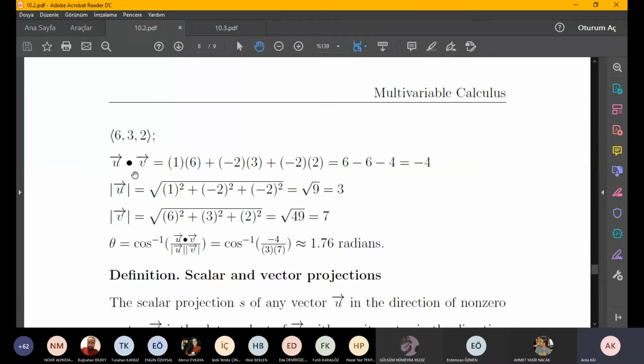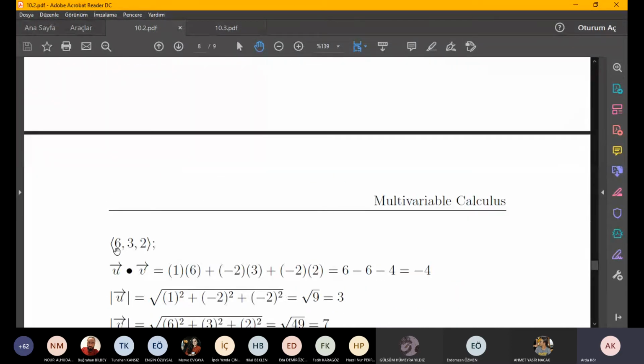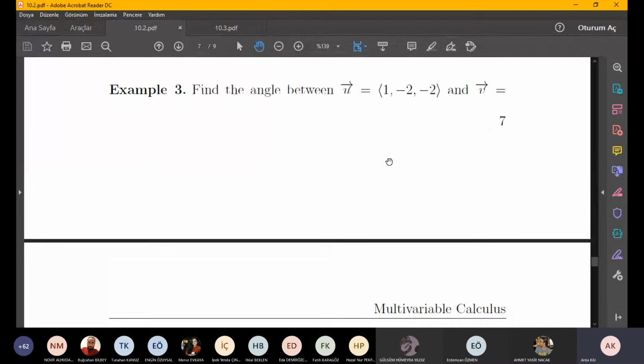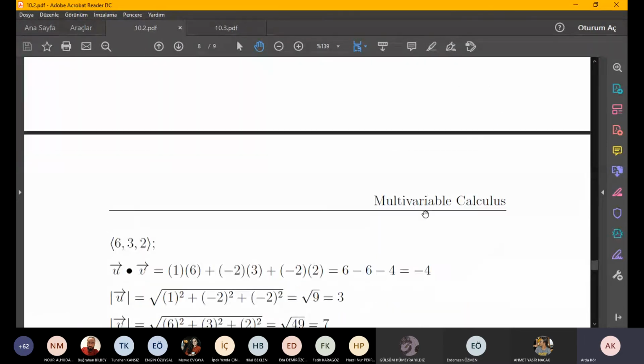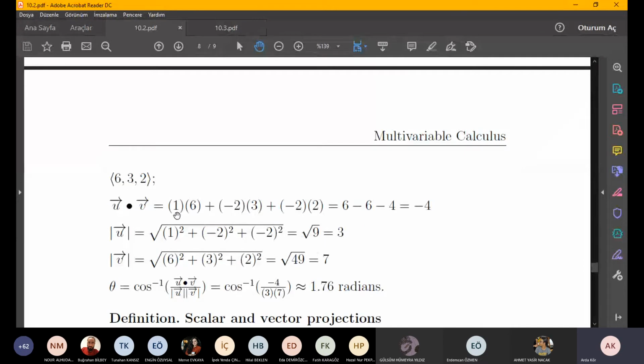It has to be 1 times 6 plus -2 times 3, plus 2 times 2. After you compute those, it will be 6 plus -6 plus 4, which will be 4. So u dot product v is 4.